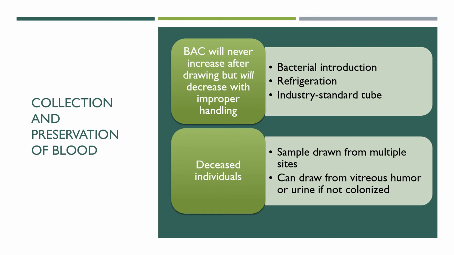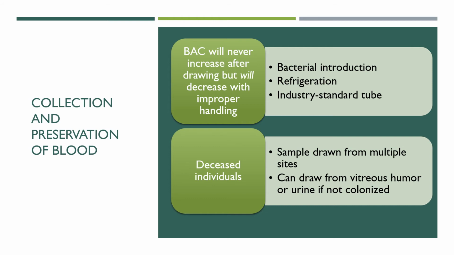You can also draw vitreous humor or urine from the deceased person. Remember, vitreous humor is that gooey kind of substance that's inside of your eyeball that keeps it nice and round and big. That can be drawn with a needle in exclusively dead people and evaluated for whether or not there is alcohol in it.